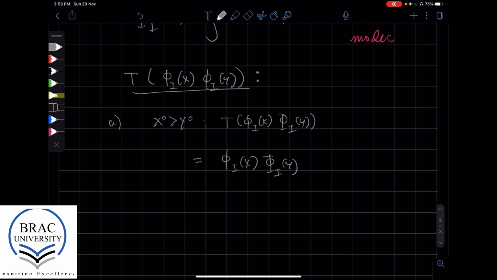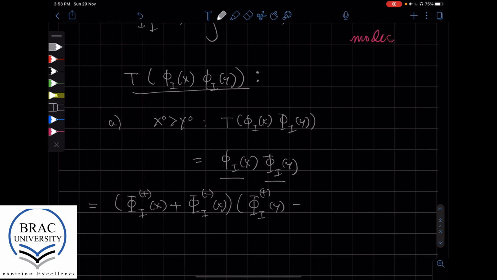So now what we can do is just expand these operators in terms of their creation and annihilation operators, that is the positive frequency modes and the negative frequency modes. So the first operator is phi I plus of x plus phi I minus of x, times phi I plus of y plus phi I minus of y.